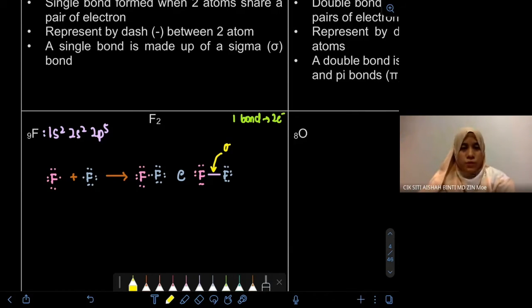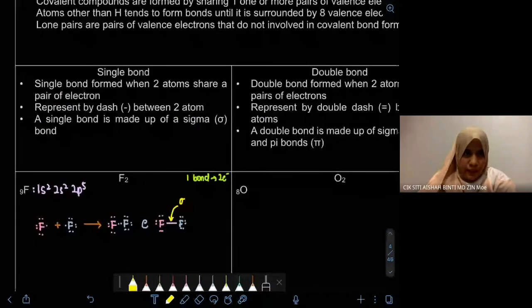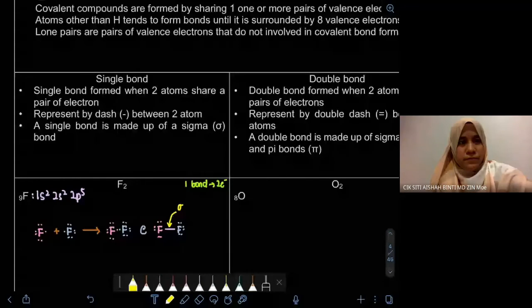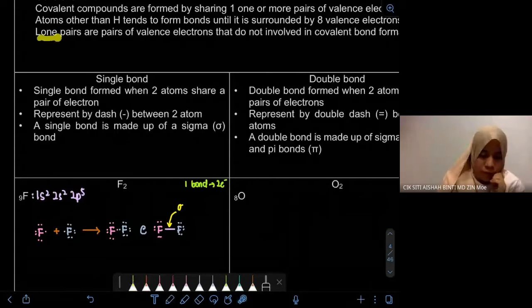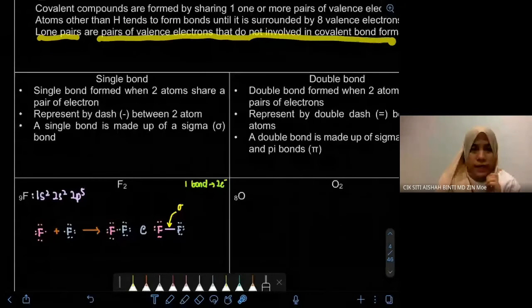Next, what else do we look at? Actually, about lone pairs. It says here that lone pairs are pairs of valence electrons that do not involve in covalent bond formation.